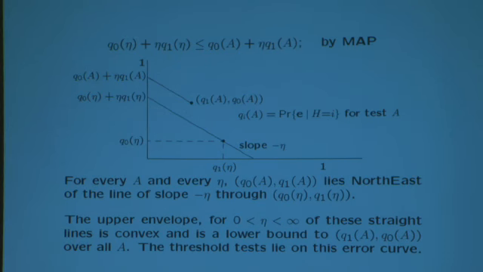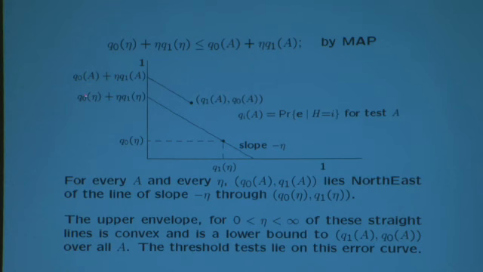I can list the probability of error for the threshold test, which sits here, and for this arbitrary test, which sits here. And I know that this quantity is greater than or equal to this quantity. So the only thing I have to do now is to sort out, using plane geometry, why these numbers are what they are.